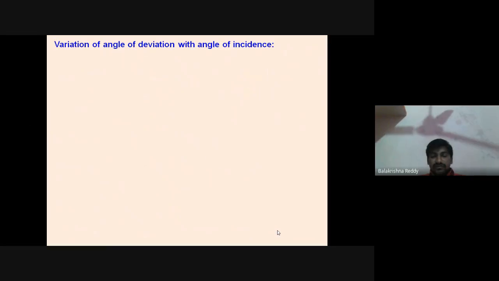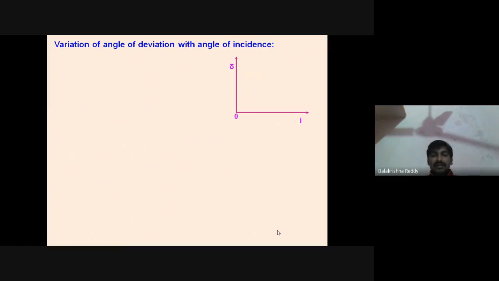Now you can see how the sum of the angle of incidence and emergence produces the angle of deviation, and how the deviation varies with respect to the incident angle. If we obtain a graph, this is the incident angle and this is the angle of deviation.